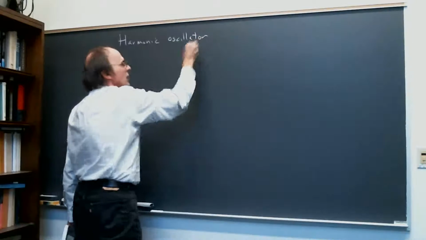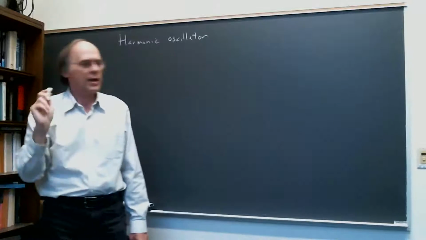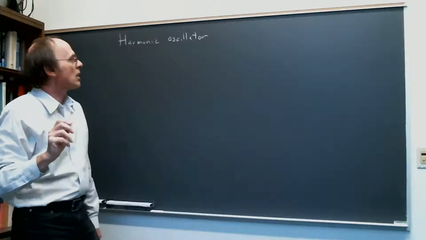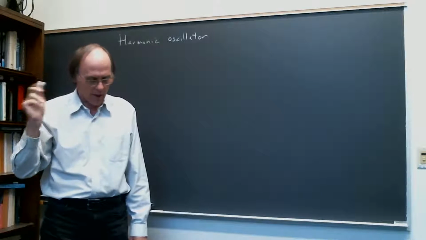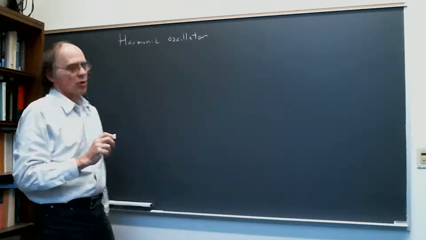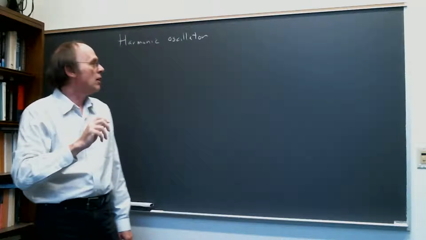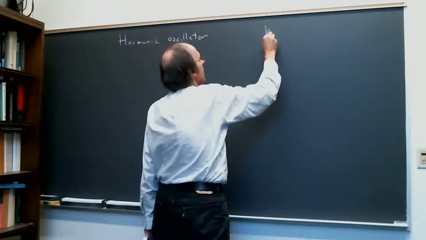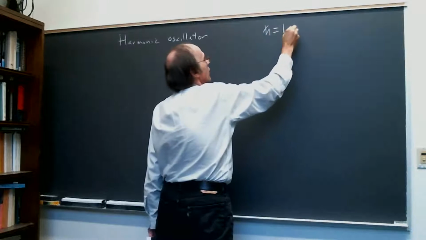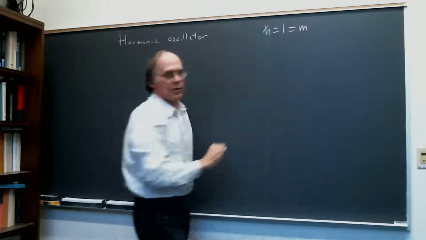Also, I was keeping track of a lot of the various constants that normally appear in this problem, but from now on I'll mostly set h bar equal to 1, and also the mass equal to 1.